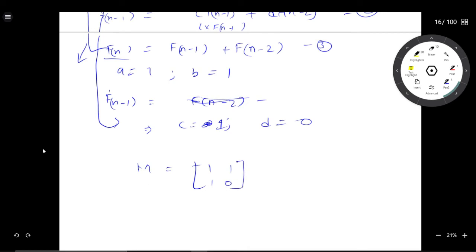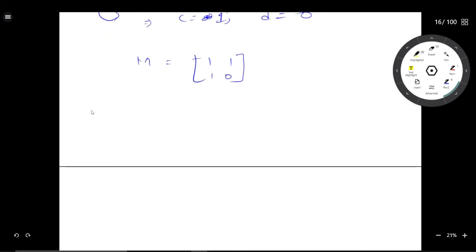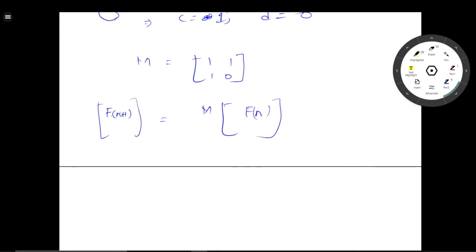This is our matrix. So now f(n+1) is equal to M times f(n). We will write it as f(n), f(n-1) and this as f(n-1), f(n-2).